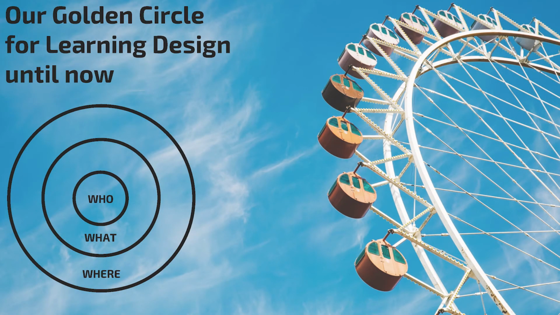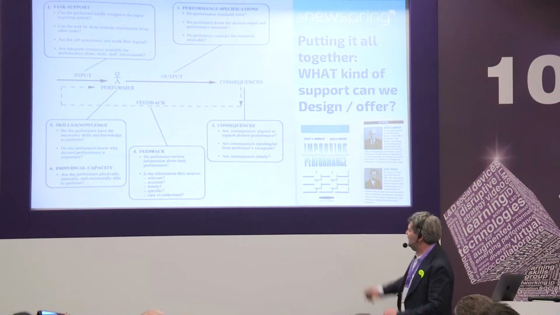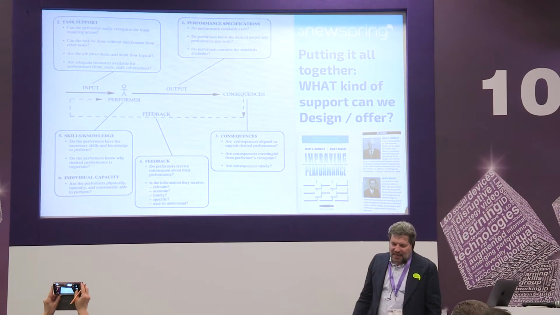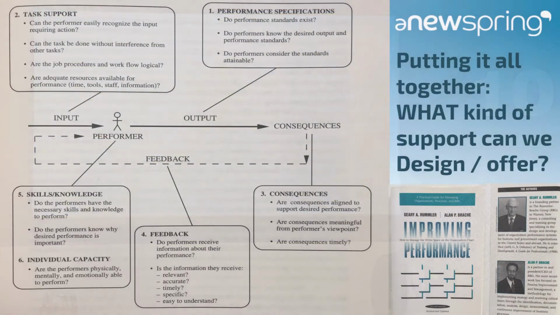This one is a picture of a page in this book, and it helps to put it all together. And I know it's a detailed picture with lots of information in it, but I thought it would be good and useful to take the original picture of Rummler and Brache about the performance system.